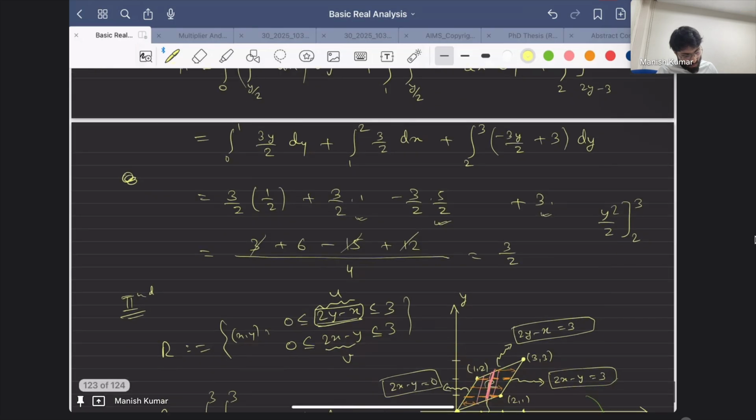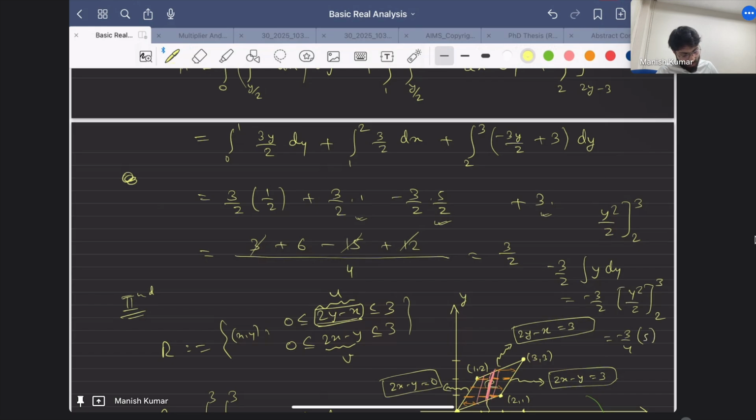If I take minus 3 by 2 and integrate y dy, what will I get? Y square by 2, right? This is 2 to 3. So minus 3 by 2, let's take 2 outside, minus 3 by 4. This would be 9 minus 4, right? 5.